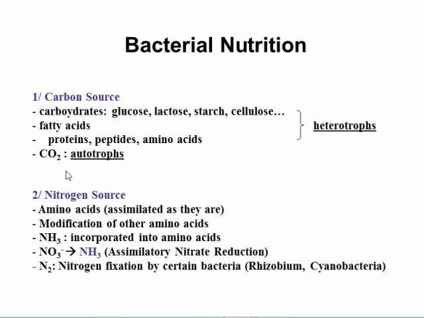And the most amazing one is nitrogen fixation, so reducing nitrogen gas into ammonium. I'll talk about this a little bit tomorrow when we look at the nitrogen cycle.